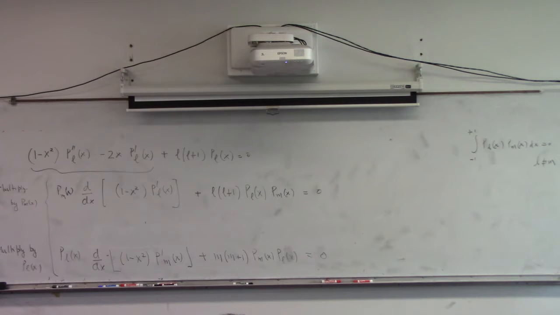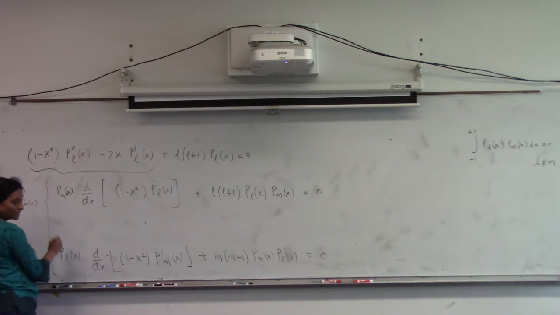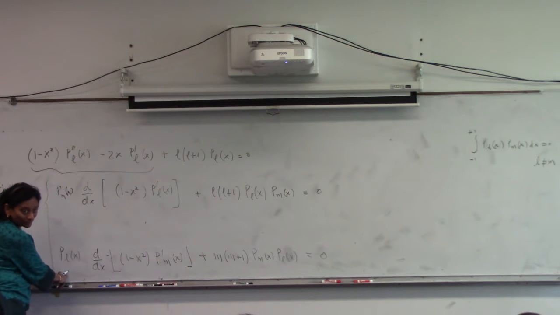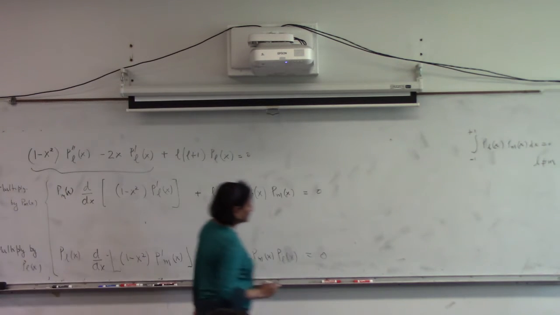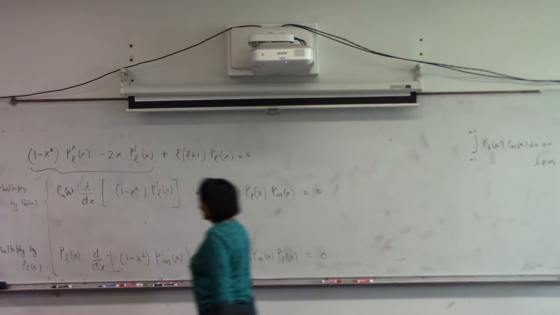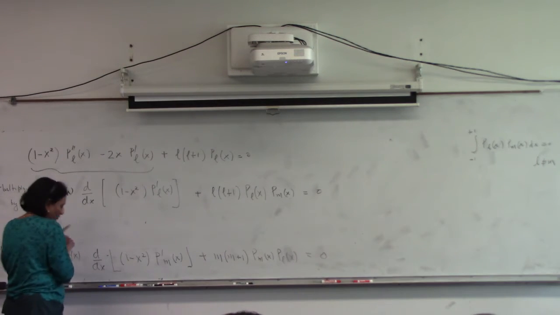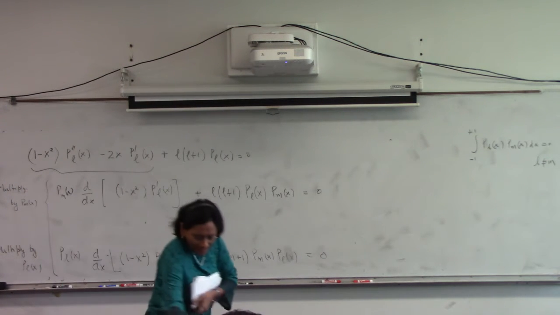So let us integrate this between -1 and +1, and similarly this between -1 and +1. We are just playing with it at this point. Let me do it here itself so that you can see how I'm trying to develop this proof.